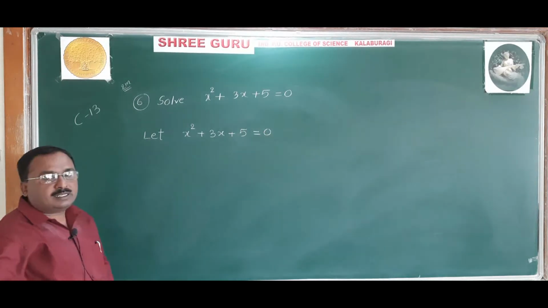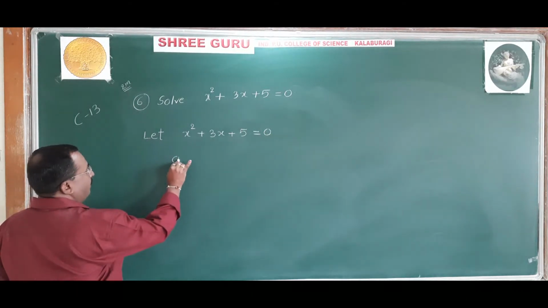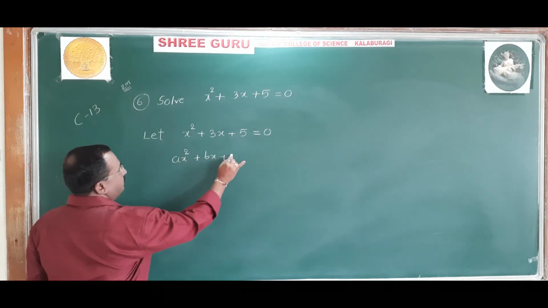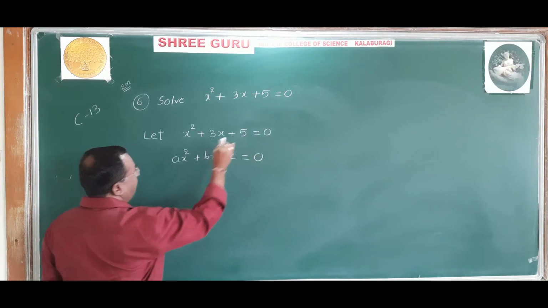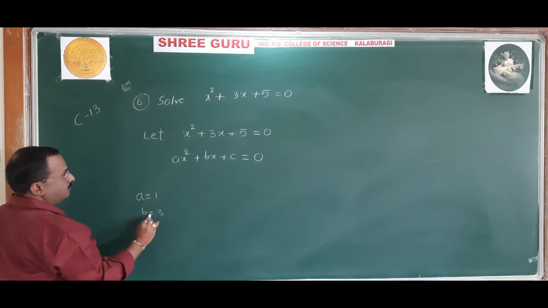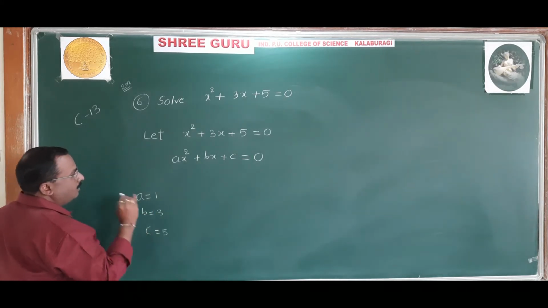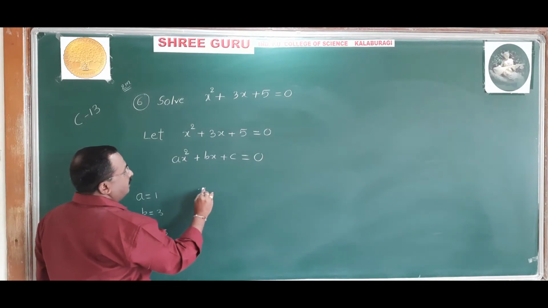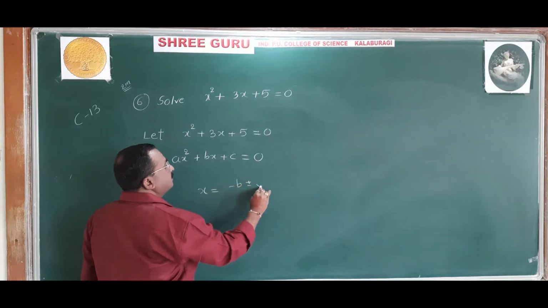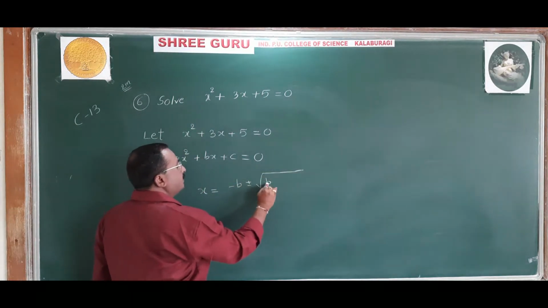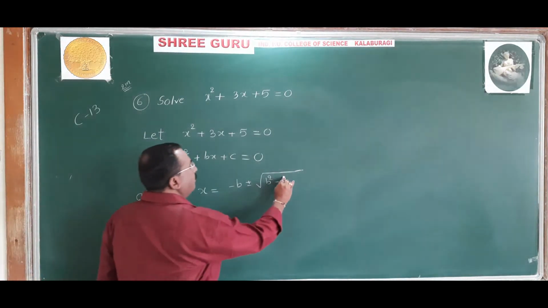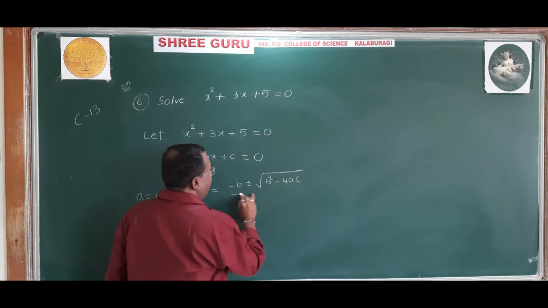This is a quadratic equation in the form of ax square plus bx plus c is equal to 0, where a is what? 1, b is what? 3, c is what? 5. We know that the formula x is equal to minus b plus or minus square root of b square minus 4ac divided by 2a.